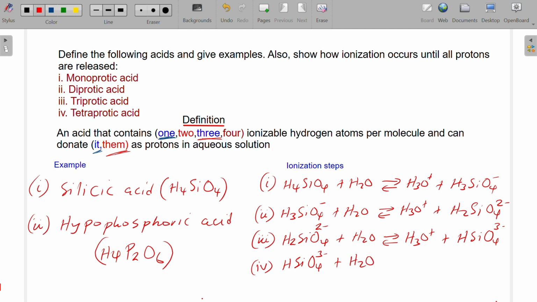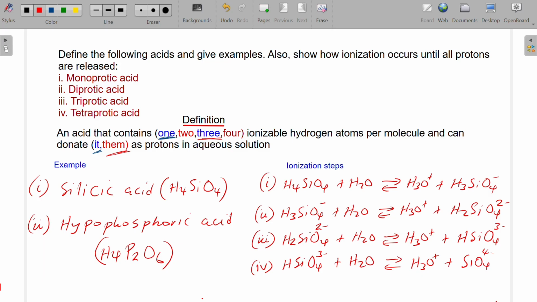Then we add it in water, and this will basically give us again the hydronium ions that are added to SiO₄. All the hydrogens are used, so we don't have any now, and the charge will be a 4 minus. So these are the 4 steps that a tetraprotic acid will go through.